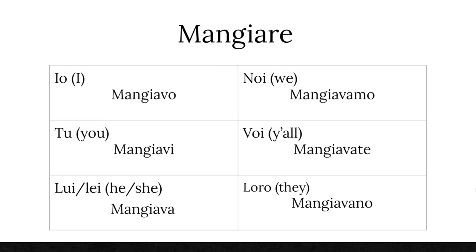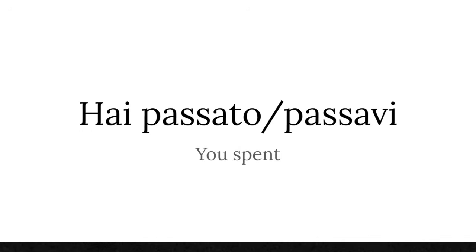So you use the endings of the present. Tu mangiavi, lui, lei mangiava, noi mangiavamo. It's really the same endings that we have used like 1,000 times to conjugate the verbs in the present tense. Voi mangiavate, loro mangiavano. Okay?